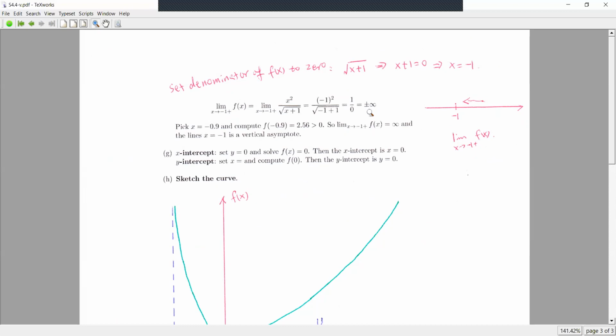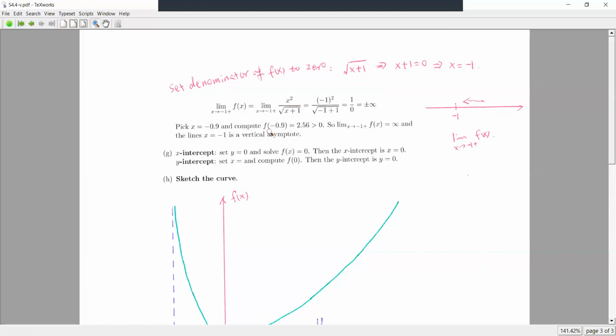To determine the sign of this infinity, I pick a point on the right side and very close to -1. So I choose -0.9.